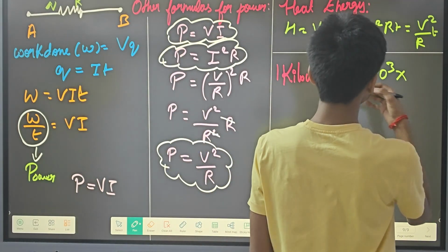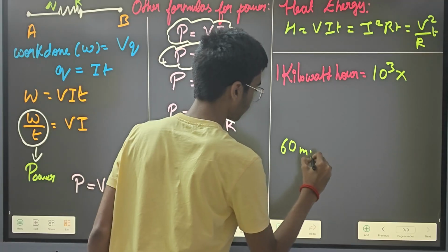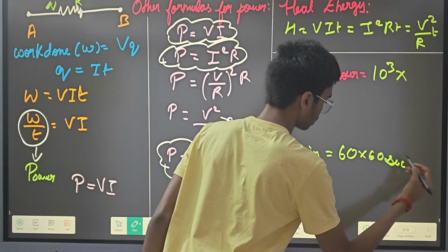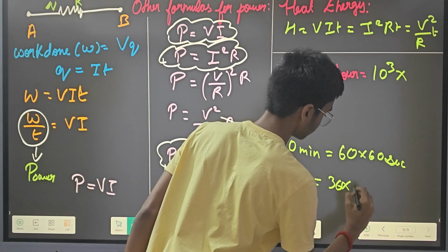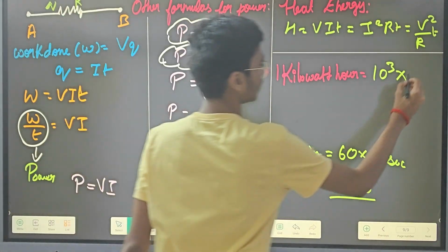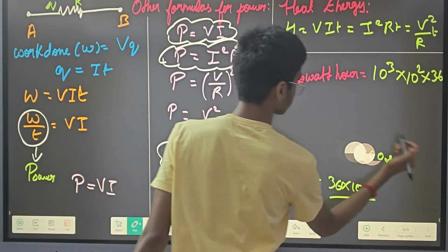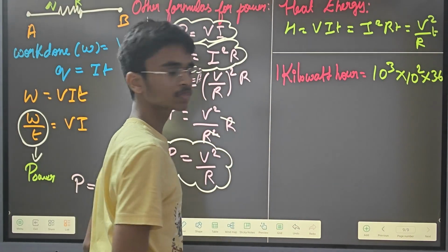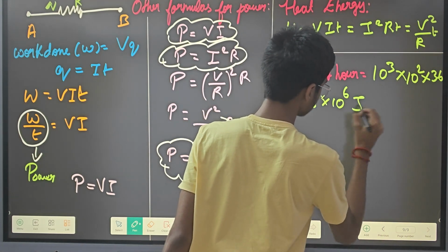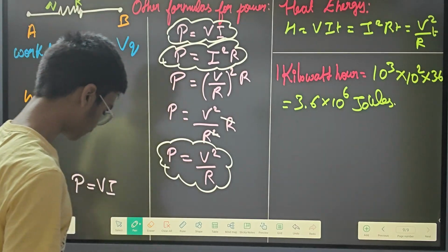Hour is actually 1 hour; if you're converting into seconds, 60 minutes are there in 1 hour, so 60 into 60 seconds are there. So we get 3.6 into 10 to the power of 6 joules.